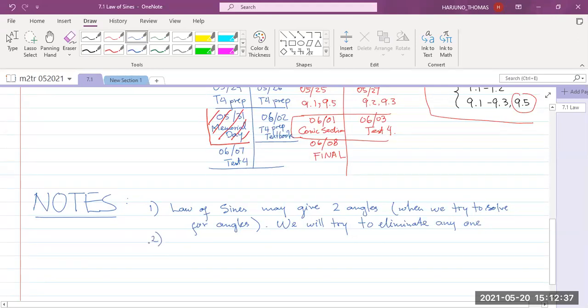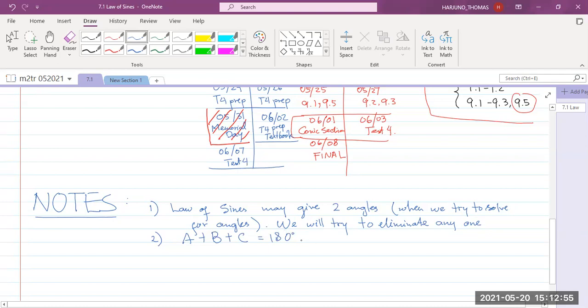Second, the sum of interior angles of a triangle is 180 degrees.